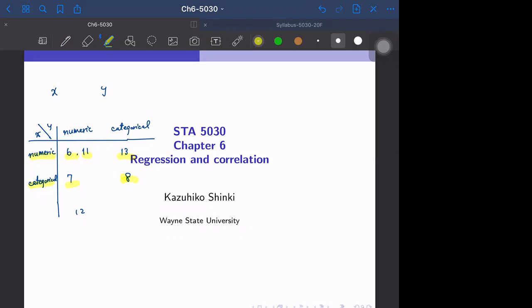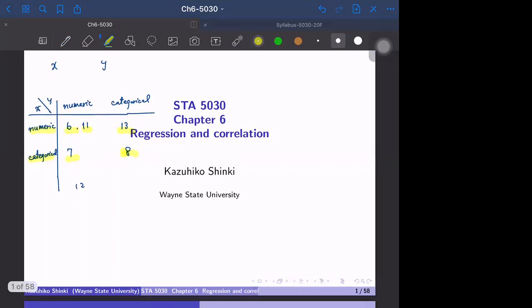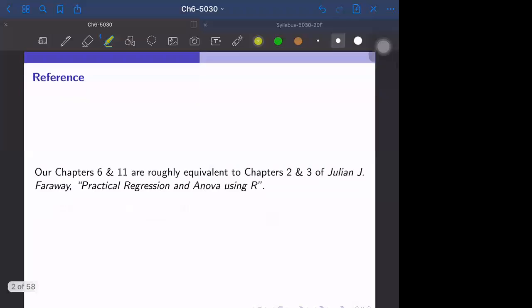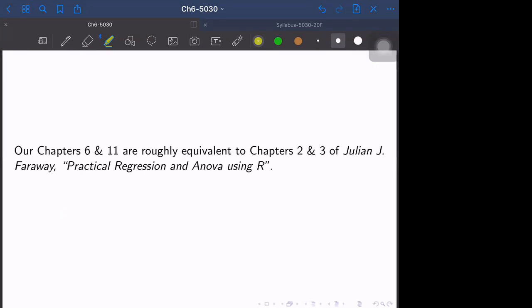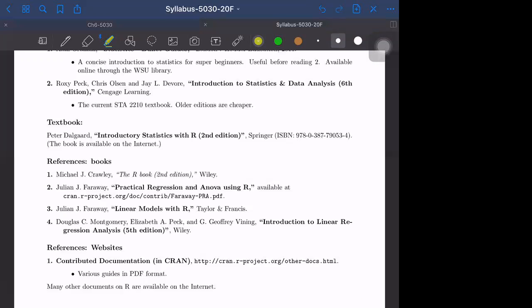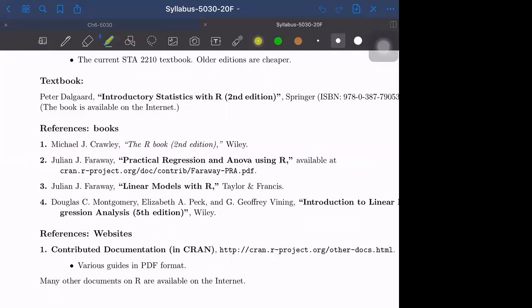Yeah, so probably you have studied regression analysis in Stat 20-10, but we go a little deeper in this course. And our textbook, Dalgaard's Introductory Statistics with R, has very little theoretical explanation. So in the syllabus I introduced several books.